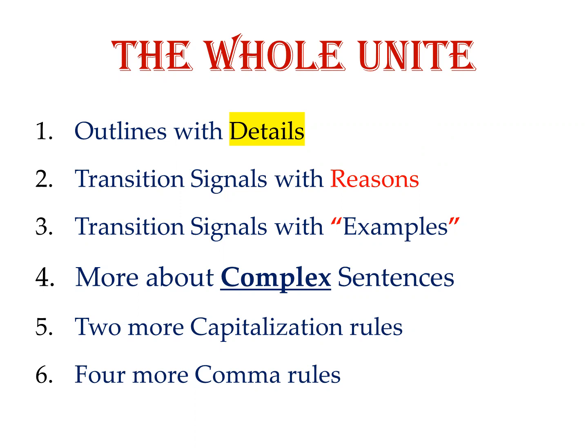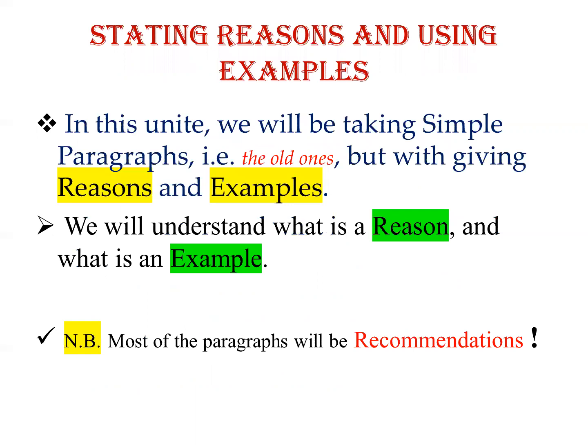After that, we will move to talk about complex sentences. We discussed them in chapter 3 at the end. We give some specific hints and orientations. After that, we will take 2 more capitalization rules, and we will end with comma rules, another extra 4 comma rules. So let's start.